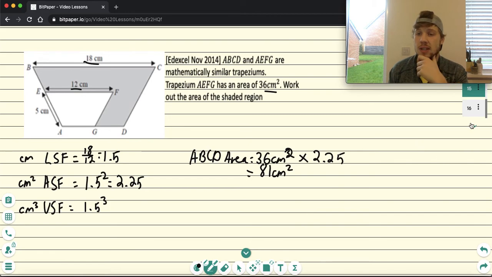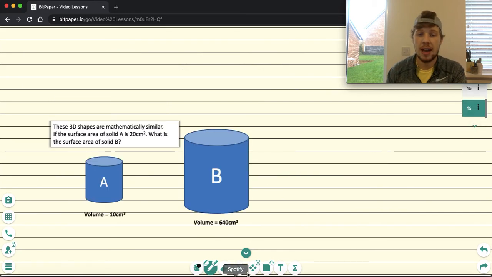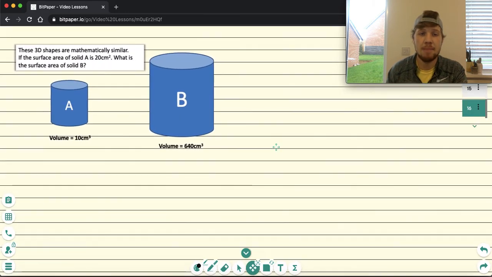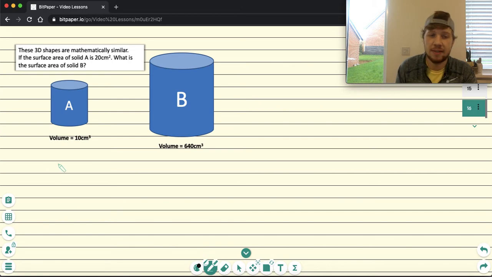So putting this all together, I have two shapes. They are mathematically similar, and I'm told that the surface area of a solid A is 20 centimetres. What is the surface area of solid B? So, putting everything together, I know I've got a linear scale factor, an area scale factor, and a volume scale factor.